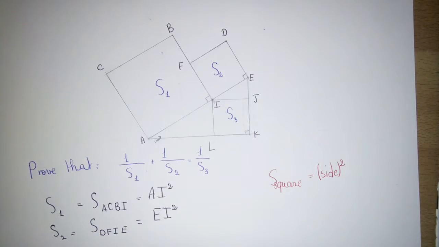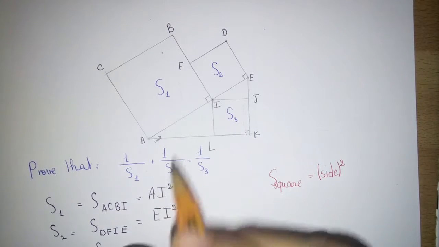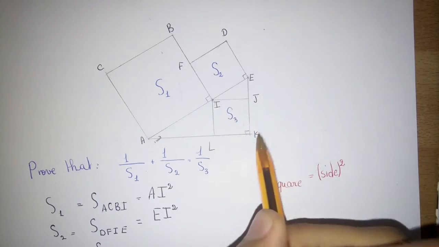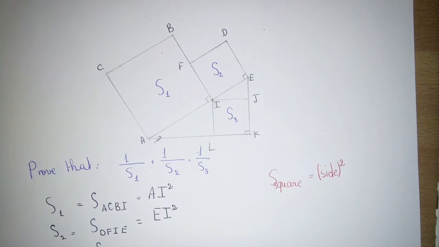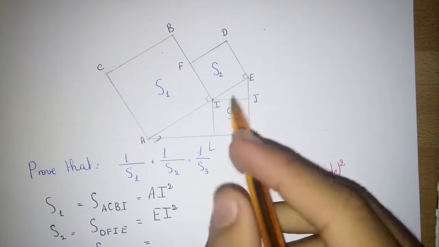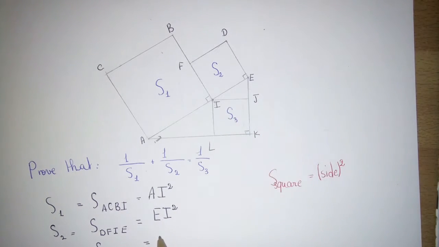S3, which is the surface area of IJKL, is equal to a side length, I'm going to pick IJ, so it's IJ squared.